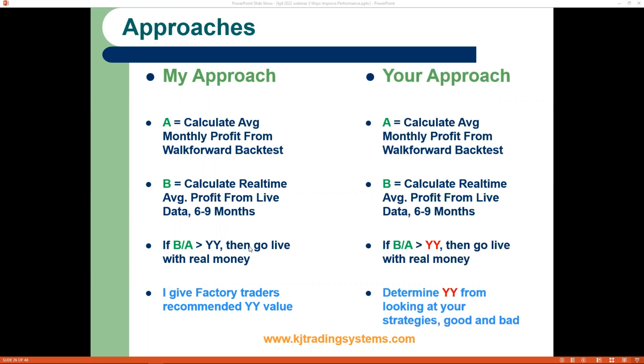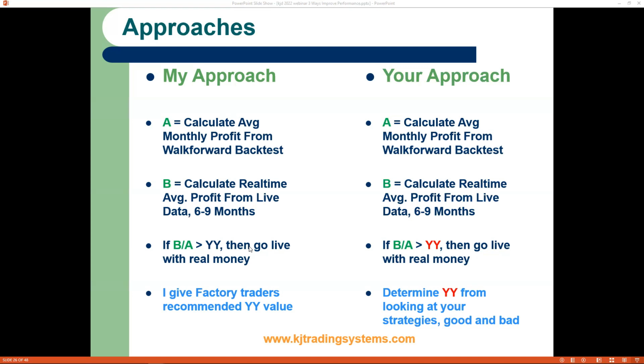Again, what you'd want to do is take a whole bunch of your strategies and calculate A and B, and you would determine that threshold from your own strategies. It might be a different threshold than what I use, but it would be based on your own strategies, which is pretty nice. So that's what you want to do if you want to use this.